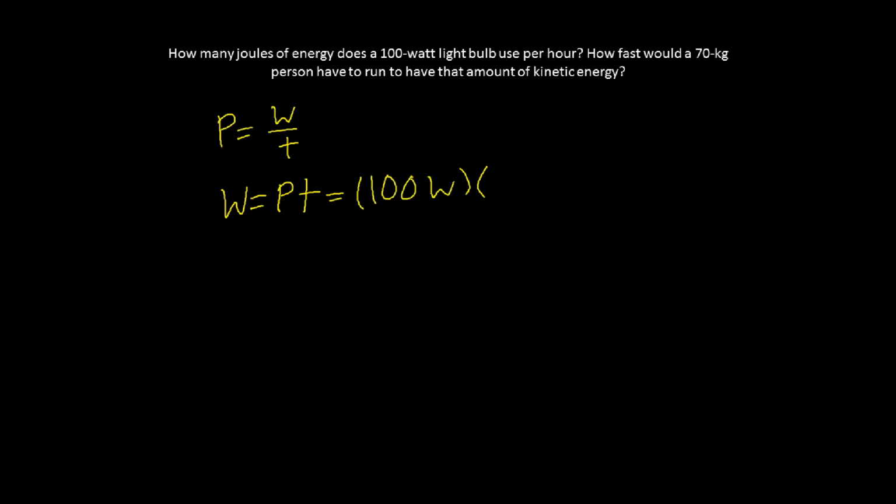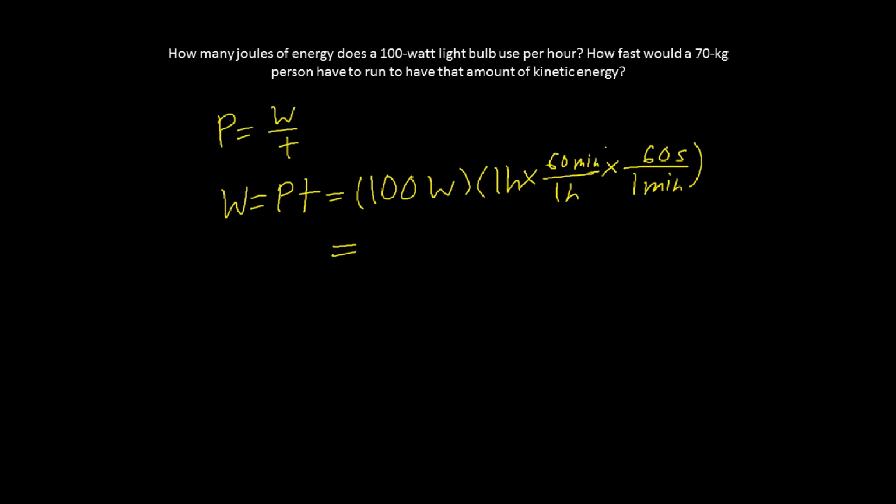times t in seconds. 1 hour is equal to 1 hour times 60 minutes, and 1 minute is equal to 60 seconds.